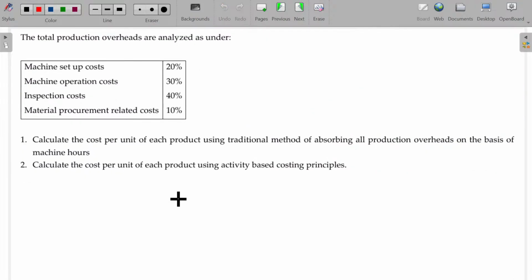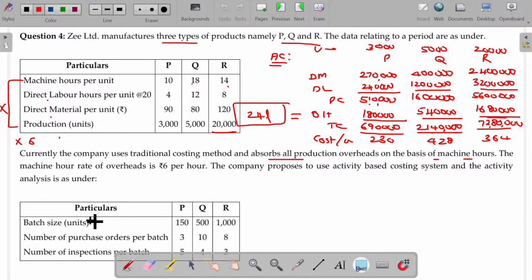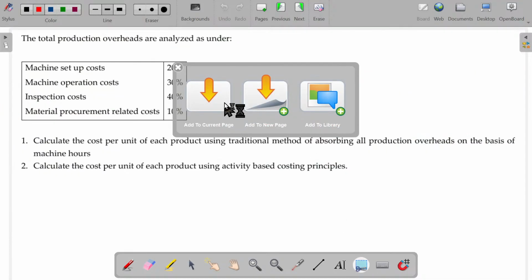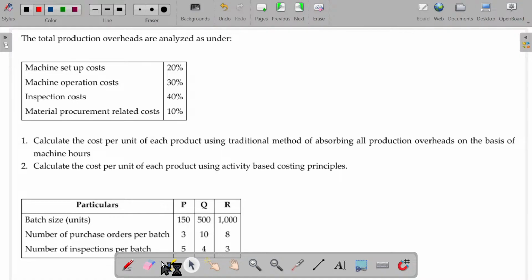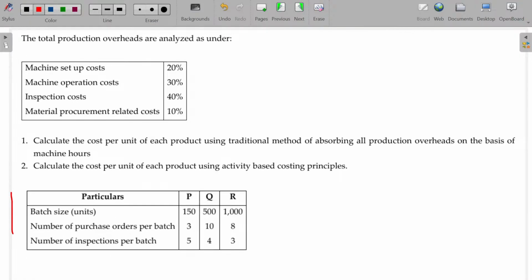The overhead is 24 lakhs. The company proposes to use activity based costing. The activity analysis is as entered. These are the activities we have been given.